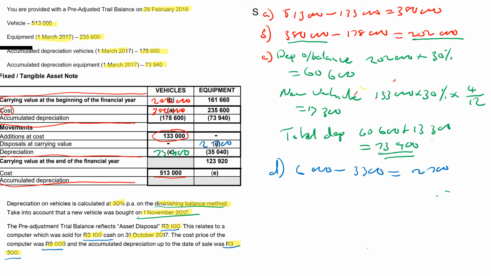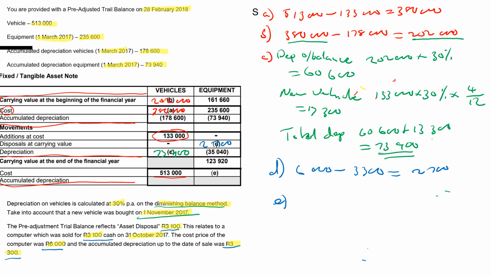And then the calculation of the others, we will look at in the questions that follow. Then E. When it comes to E, what you need to calculate is the cost at the end.